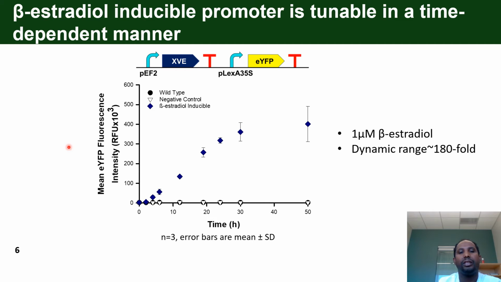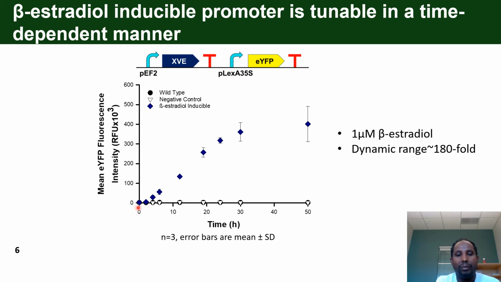Next, we sought to determine the temporal characteristics of the system. We used the same strains for this purpose, and we determined the optimal inducer concentration to be 1 micromolar beta-estradiol. And I use this concentration throughout my presentation.